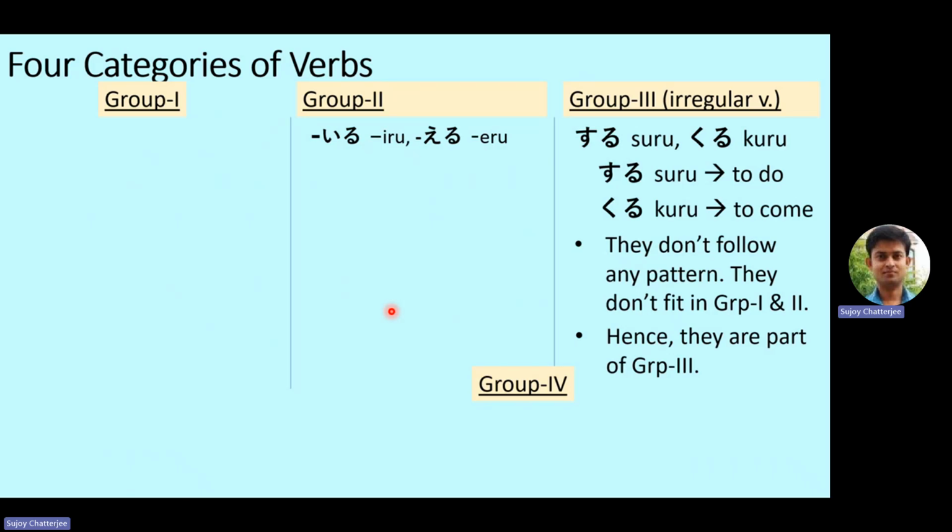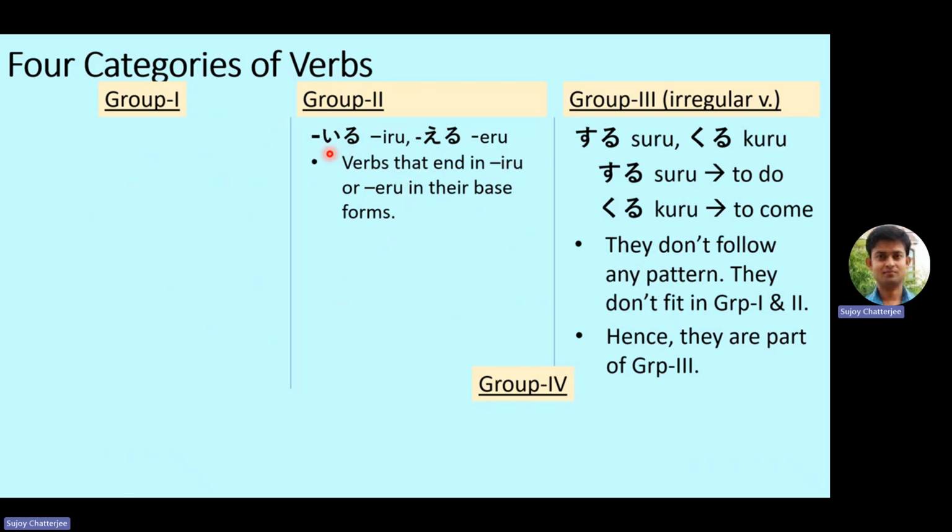Next is group 2. In group 2, we have those verbs that end in the sound iru or eru in their base forms. Here it is very useful to use the Romaji form, because then we can very clearly see what is happening to these vowels and consonants. For example, iru and eru.